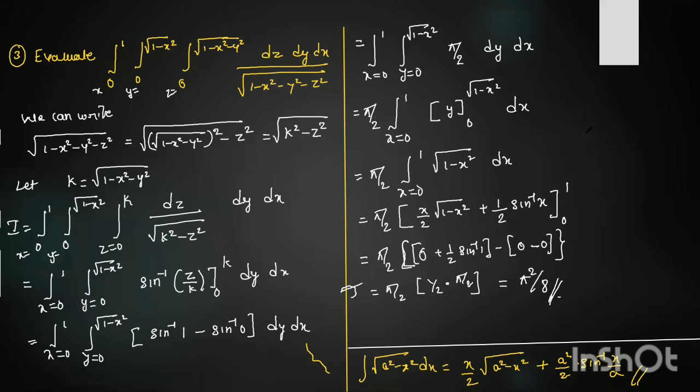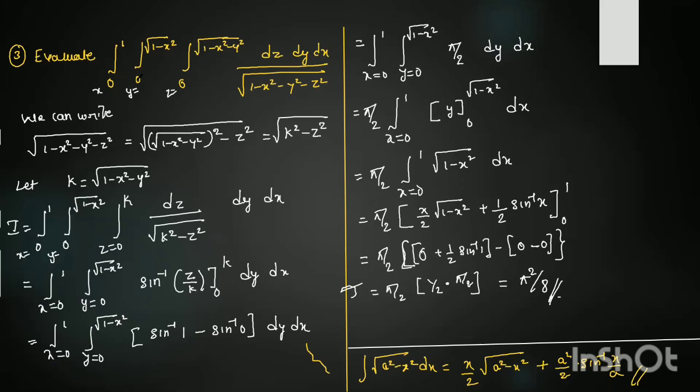So we have completed the first topic of double and triple integrals. There are 3 more topics remaining. The second topic is about the region: they will give the region, and depending upon the region we have to identify the limits.